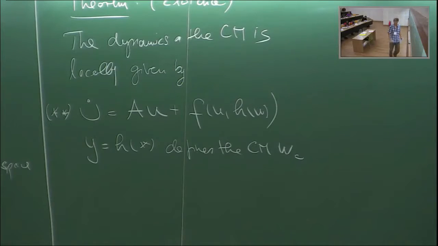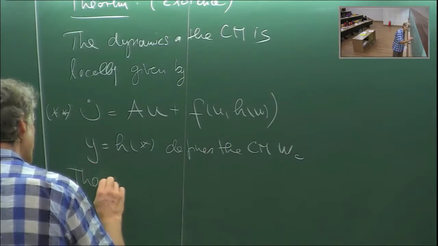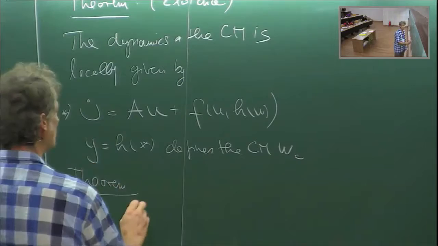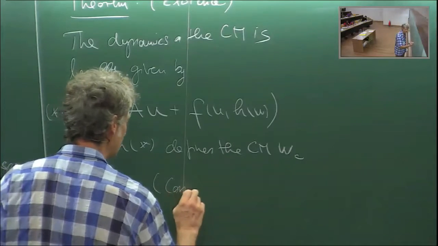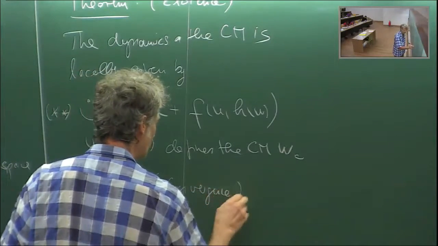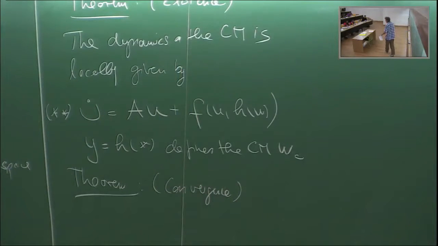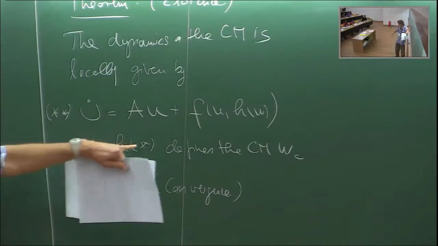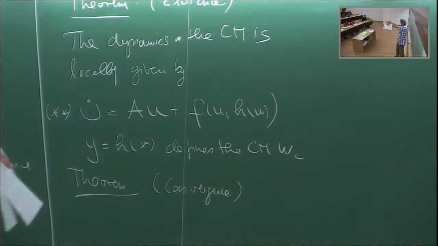Then there's a theorem on convergence. So just because we have two systems that are asymptotically close, does not tell us that solutions of this system and solutions of this system are also close. Just because two equations are close doesn't mean the solutions are necessarily close.